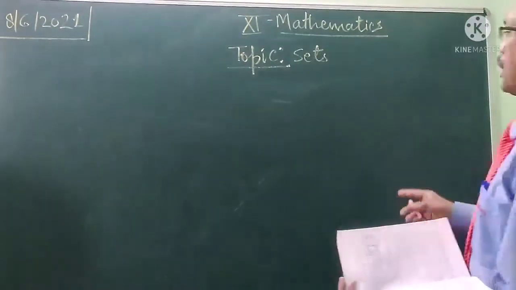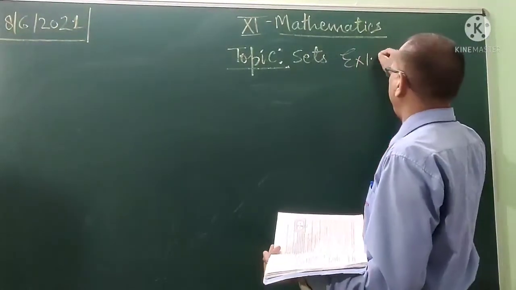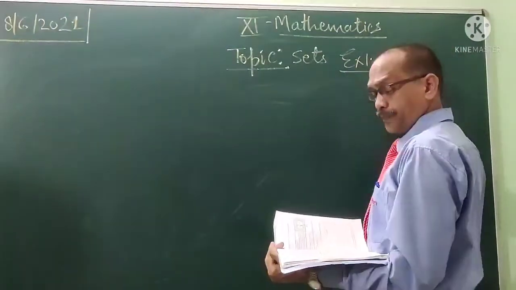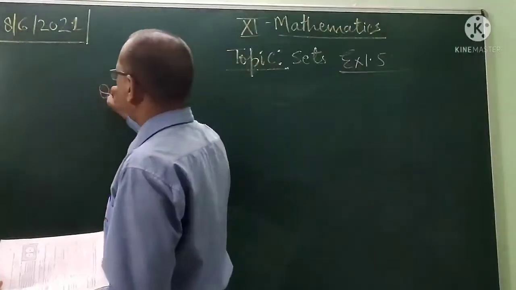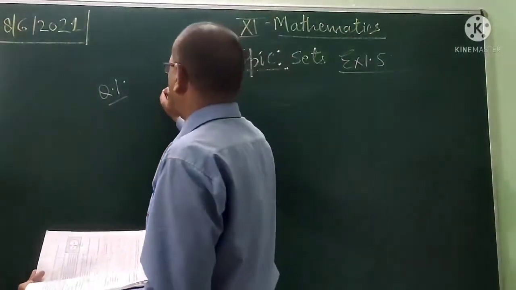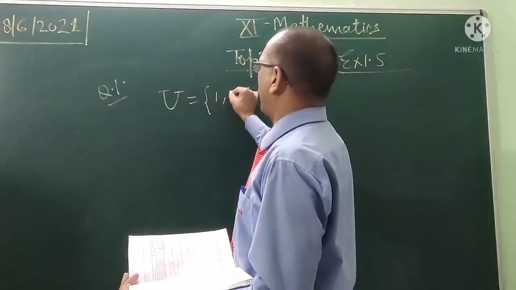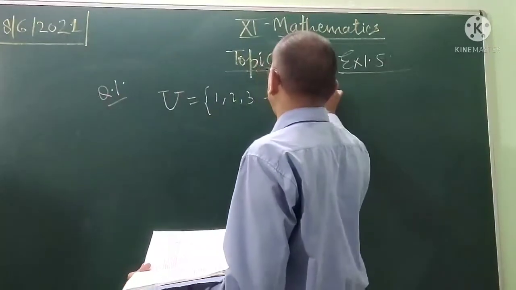Students, now come to exercise 1.5, question number 1. Here there is a universal set having elements 1 to 9: 1, 2, 3 till 9.